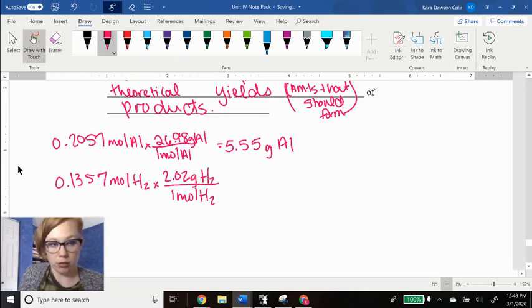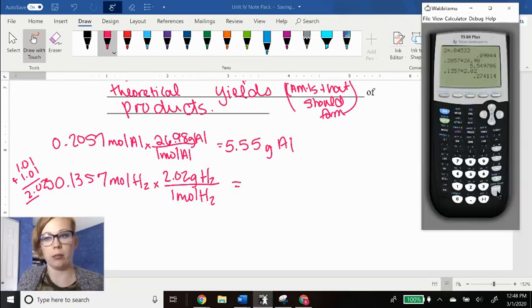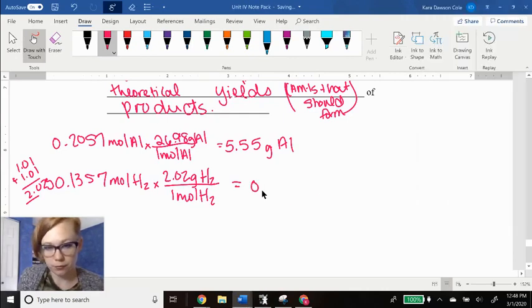So hydrogen is 1.01 on the periodic table, plus 1.01 gives me 2.02 grams. Okay. So then that gives me 2.274 grams of H2. Okay. And then the last one, right?